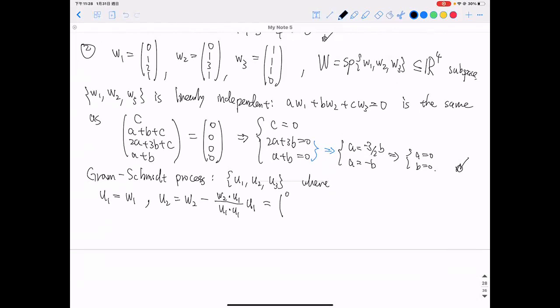W2 is 0, 1, 3, 1 minus the sum number here. U1 is W1, so 0, 1, 2, 1. And U1 dot U1 is 1 plus 4 plus 1. W2 dot U1, that's W2 dot W1. That's 1 plus 6 plus 1.